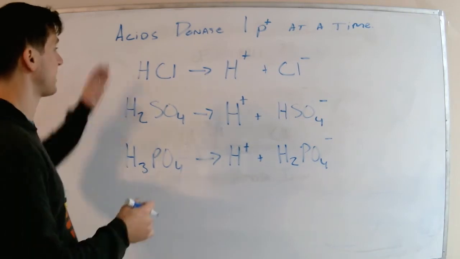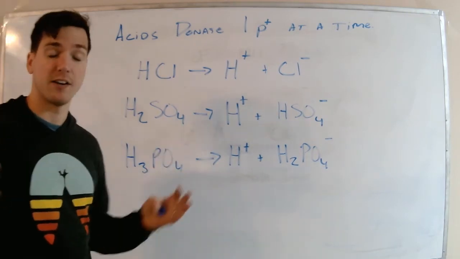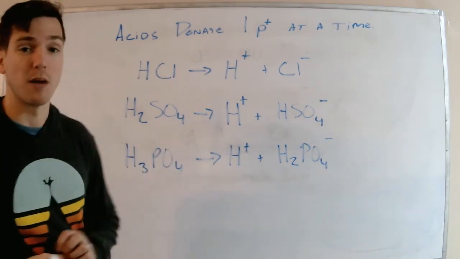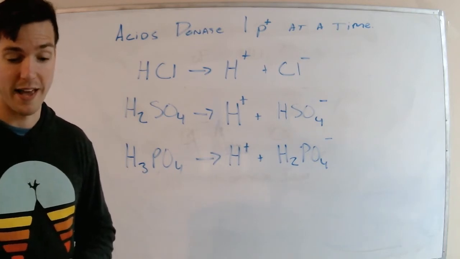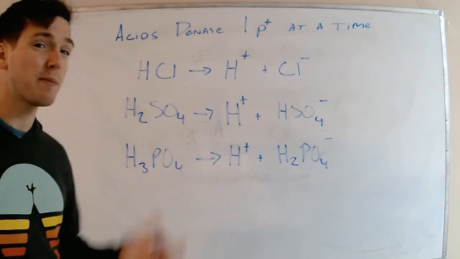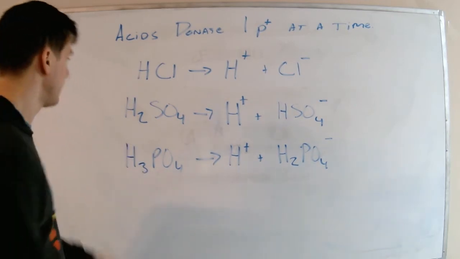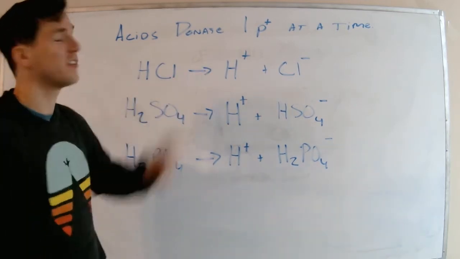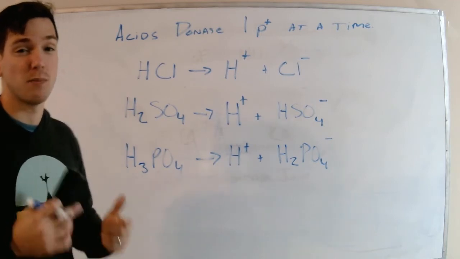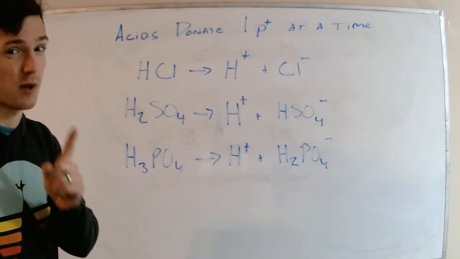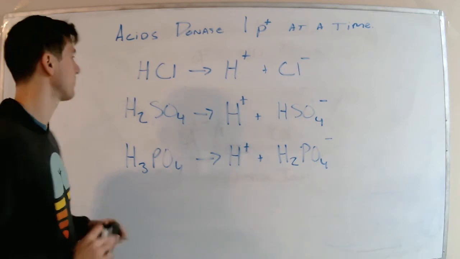So please understand that basic concept of an acid just giving up one H+ at a time. We have to be able to draw these dissociations, these guys breaking apart, dissolving. And how you're going to do it is there's always going to be an H+ separating from it. Just one, never two, just one.